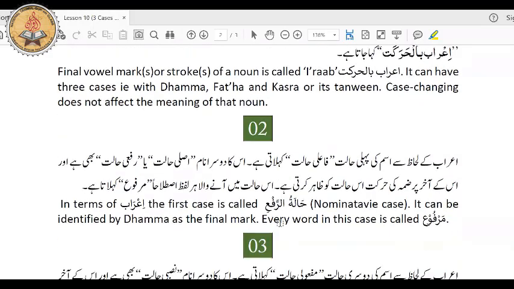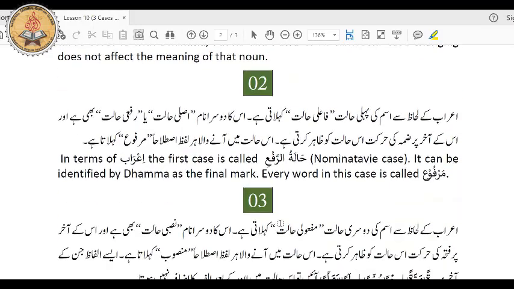Now we come to point two. In terms of i'rab, the first case is called halatul raf, which in English is the nominative case. This is the very first case, and as I mentioned, if you memorize the term, it is good. Otherwise it will take time, but you should not struggle to memorize it.